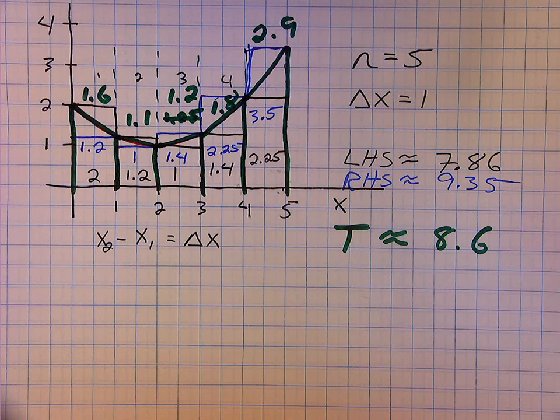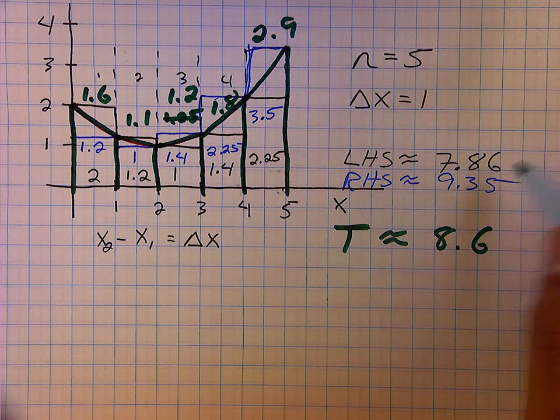There's an actual easier way to get the trapezoid technique. If you have the left-hand sum technique and the right-hand sum technique, instead of doing it column by column, I can just simply take the 7.86 plus 9.35 divided by 2, and I'll still come up with the 8.6 as my approximation.